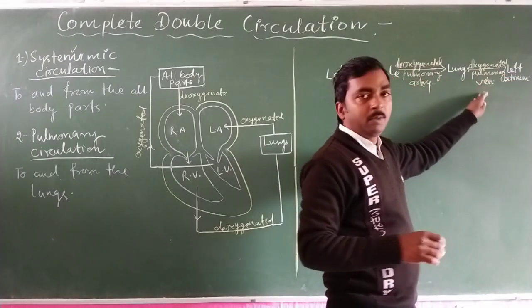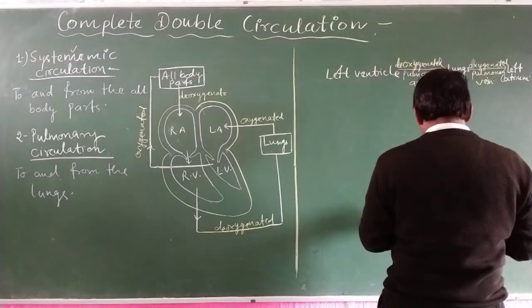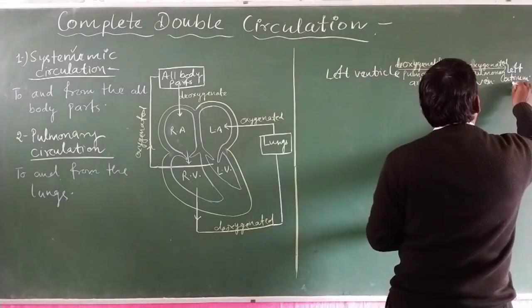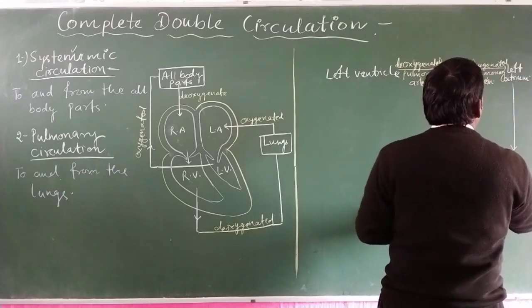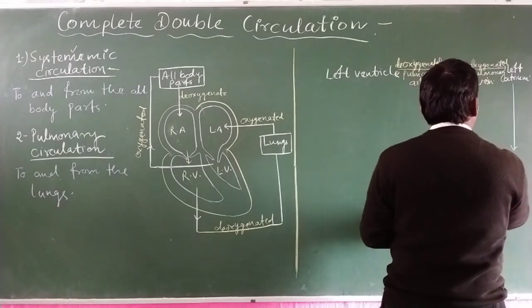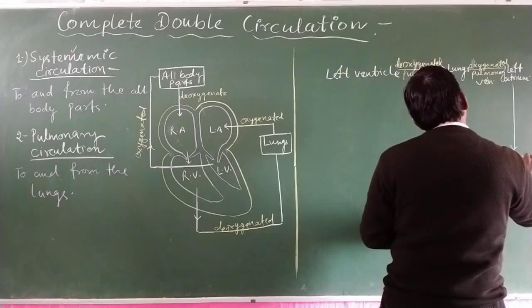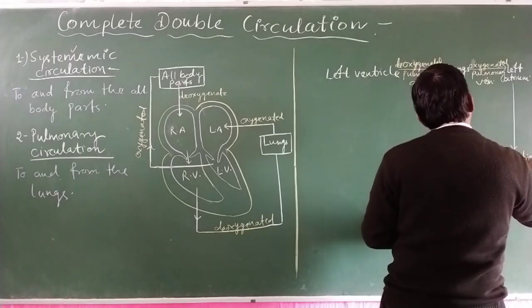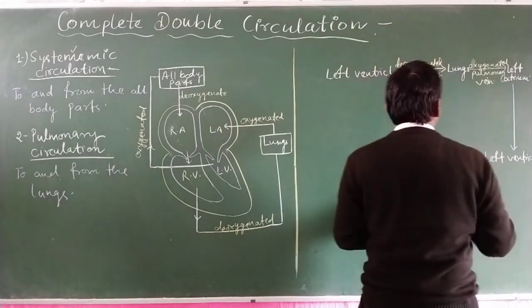So through the pulmonary vein it is collected into the left atrium, and from the left atrium the blood is transferred to the left ventricle.